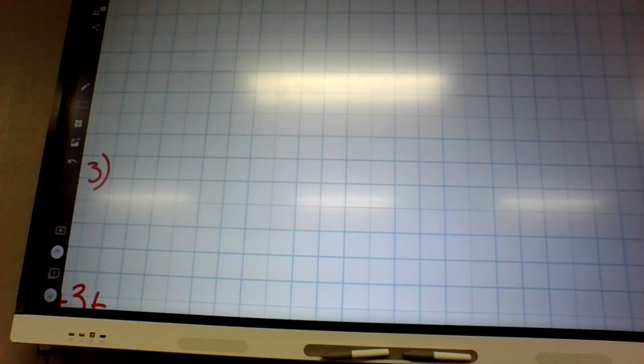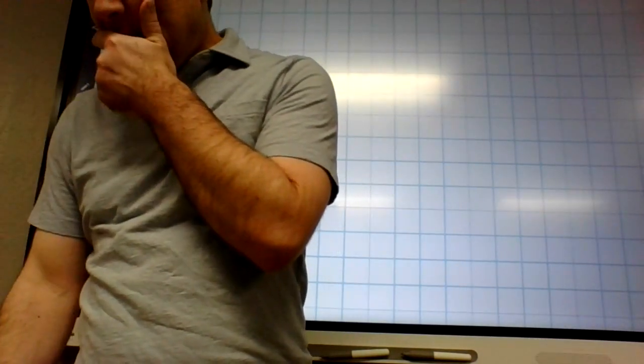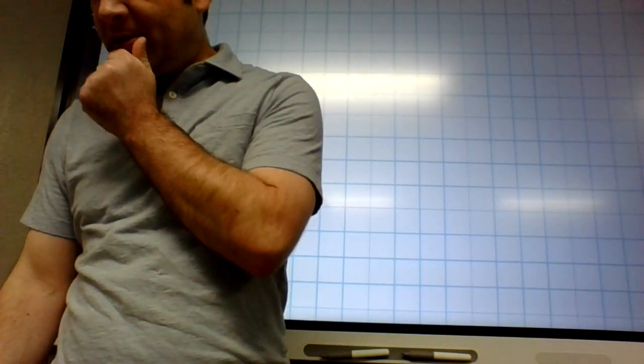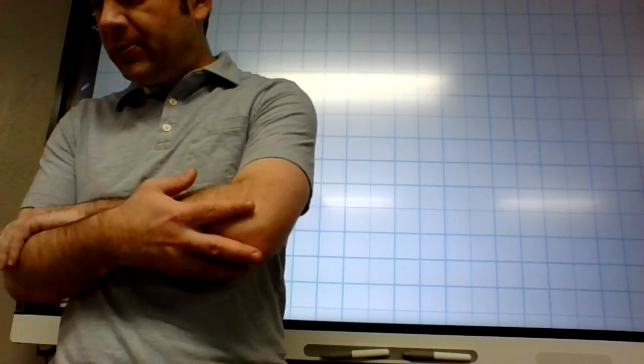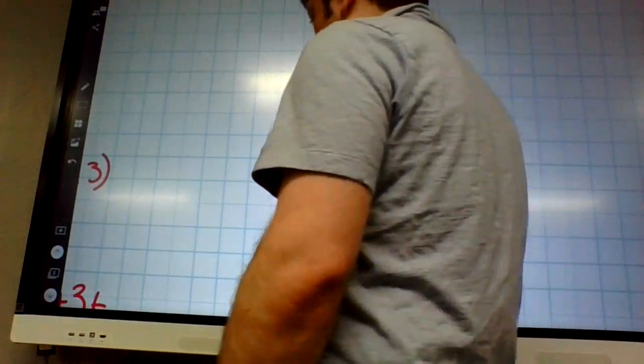Get one cadence. All right. Graph the point's position at times t equals 0, 1, 2, 3, negative 1. So many. All right.